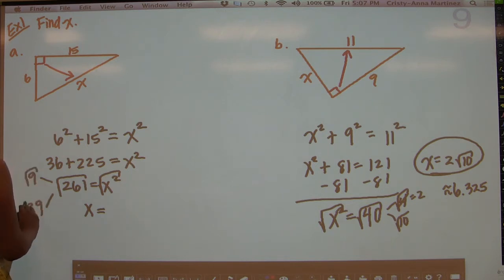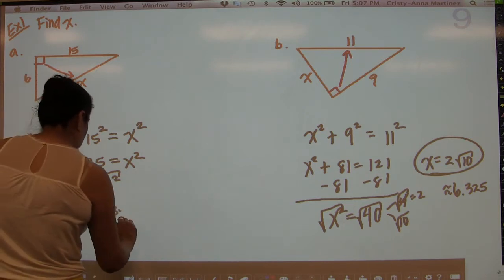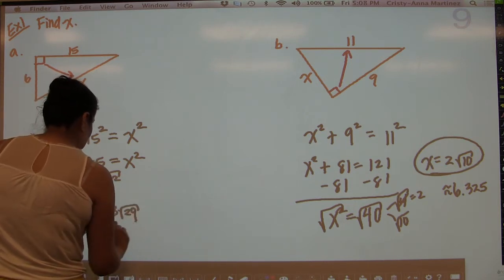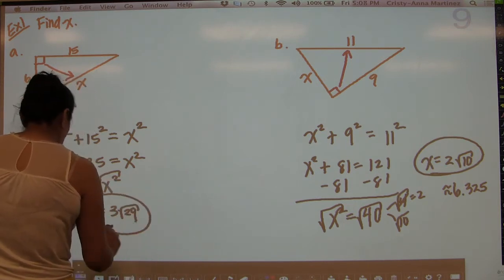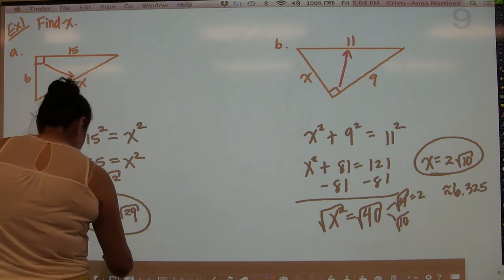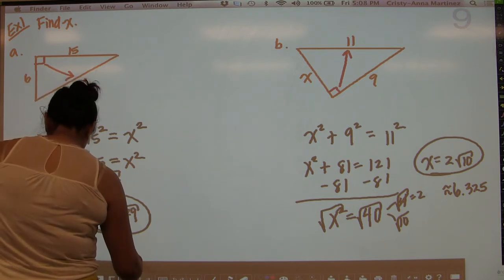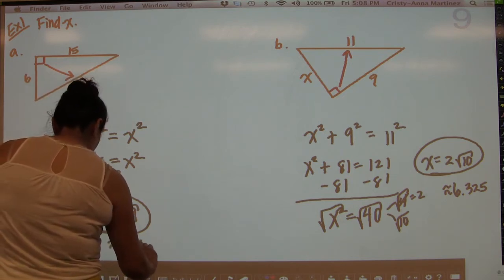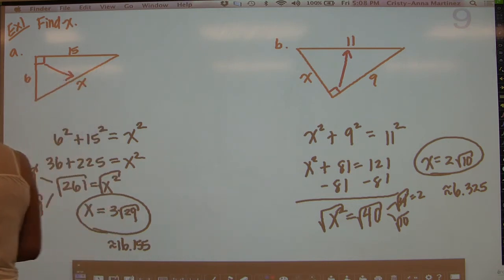And the square root of 9 is 3. So we get x equals 3 root 29. And that is approximately 16.155. But again, I would really prefer that you leave the answer in its exact form, which is 3 root 29.